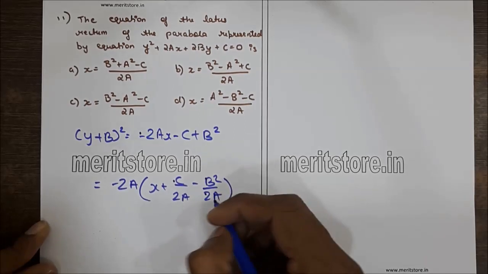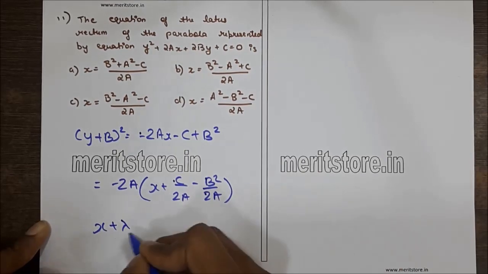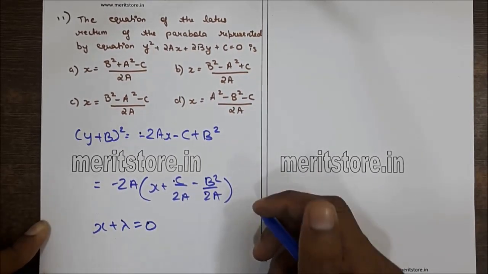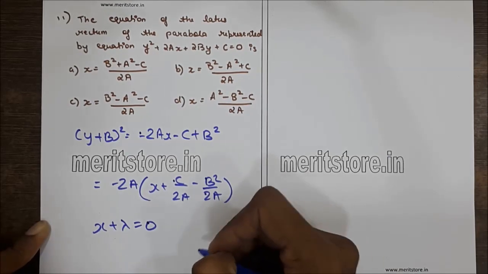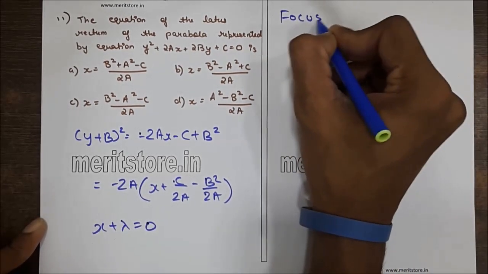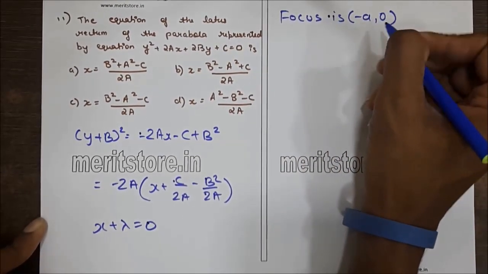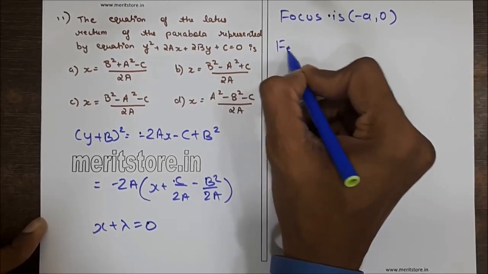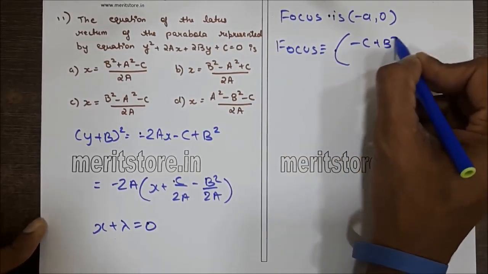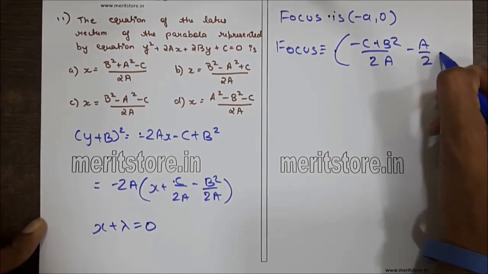Equation of latus rectum is given as x plus lambda equal to 0. Since the latus rectum is perpendicular to the x-axis, the focus is minus a comma 0. So focus can be given as minus c plus b square upon 2a minus a by 2 comma b.